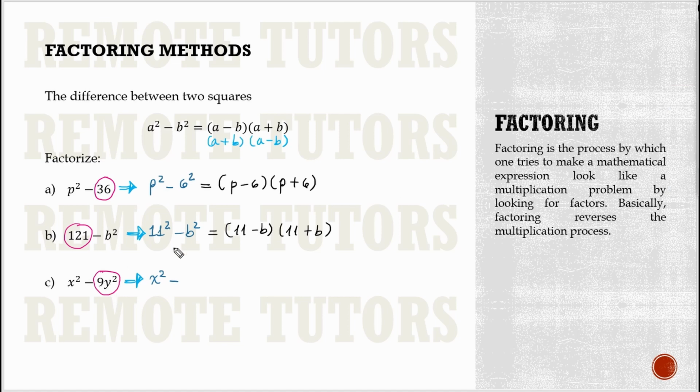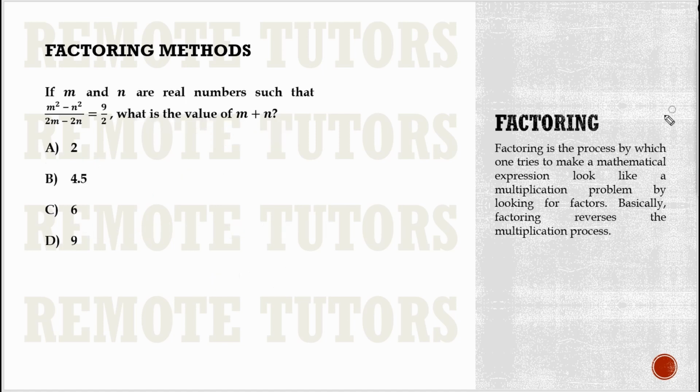So we will replace that by 3y to the power of 2. Now that both are squares, the factored form will be x minus 3y multiplied by x plus 3y. Here we have an example about the difference of the squares and some other factoring methods.